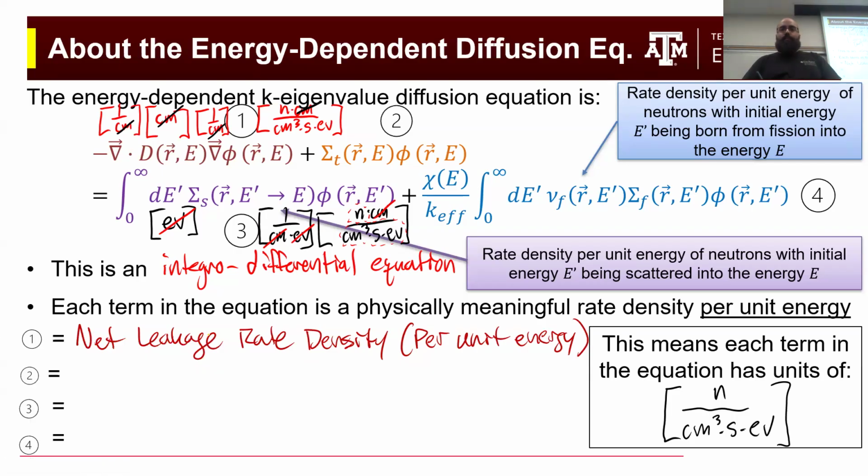That second term has a sigma t. So this is my total interaction rate density per unit energy.